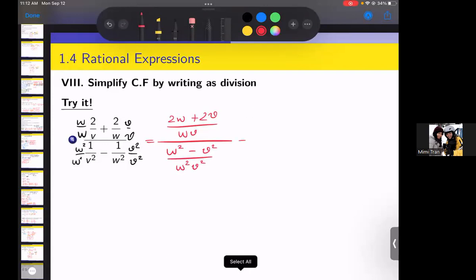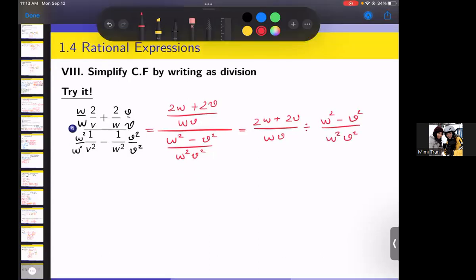And now you can do the division thing, right? So I got 2W plus 2V over VW. Can I flip it right now, or should I do division? You can flip, okay. I'll do division just for the sake of the notes, divided by W squared minus V squared over W squared V squared.